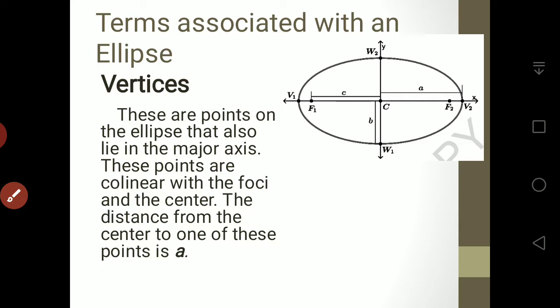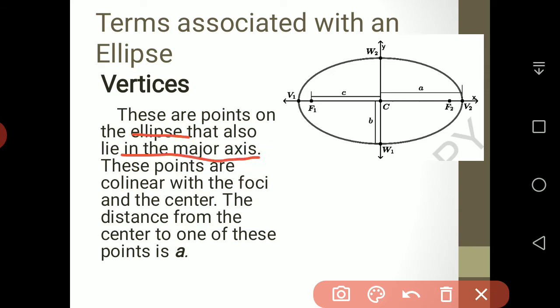Next, the vertices. The vertices are points on the ellipse that lie on the major axis. When the major axis passes through our ellipse, it meets the ellipse at 2 points. Those 2 points are our vertices.